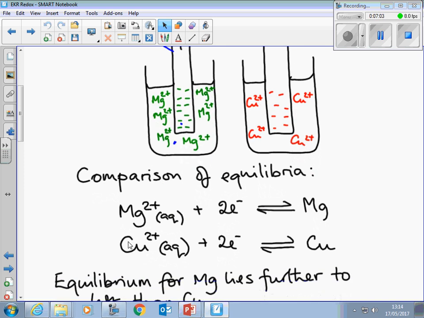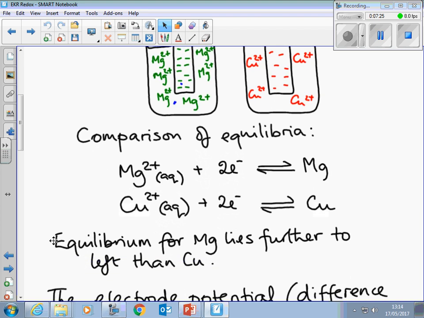And that's all this is about, comparing equilibria. This got repeated over and over again. So, you should be hearing this in your sleep, that the position of the equilibrium for magnesium is further to the left than the copper one. So in other words, magnesium gives up electrons more readily than copper does.